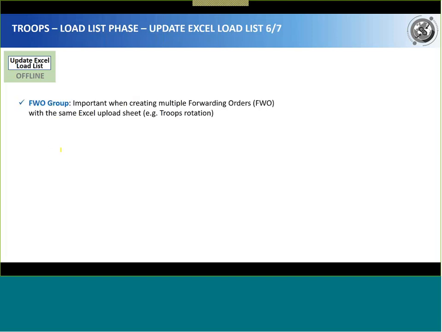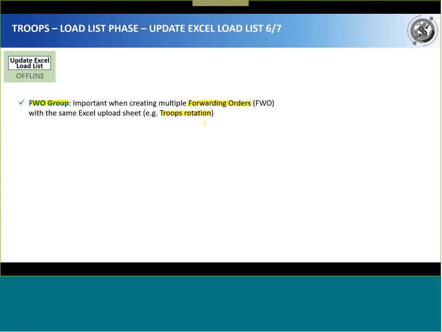Let's continue with the forwarding order group. This is a field that can be used to create multiple forwarding orders with only one upload. A specific example for troops would be troop rotation.